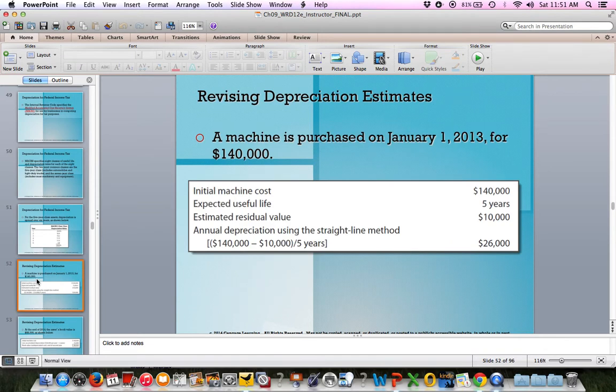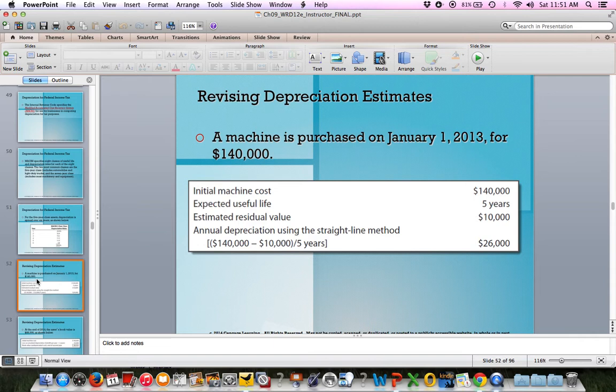Okay, so next is revisions of depreciation estimates. Just know that there are a lot of estimates in accounting. Once we begin to use an asset, we estimate 2 big things. We know the cost. We've got that figured out, and we have source documents that say here's what the asset cost me. But I'm guessing 2 things.